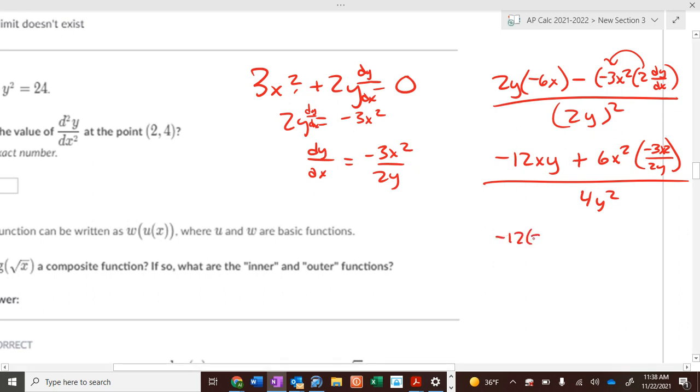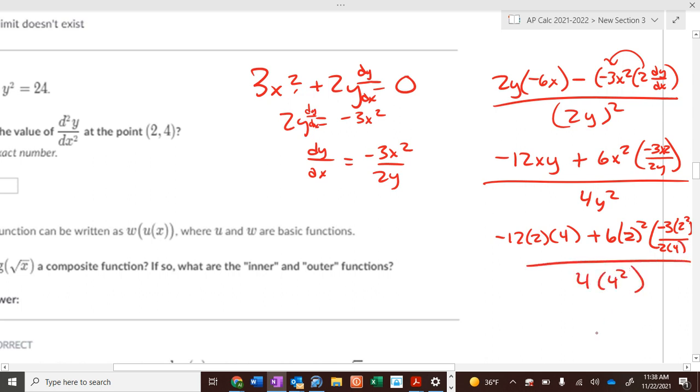So negative 12 times 2 times 4 plus 6 times 2 squared times negative 3 times 2 squared over 2 times 4 over 4 times 4 squared.